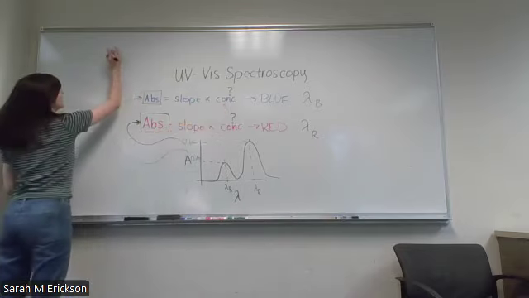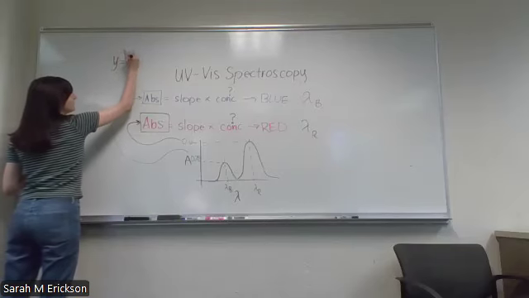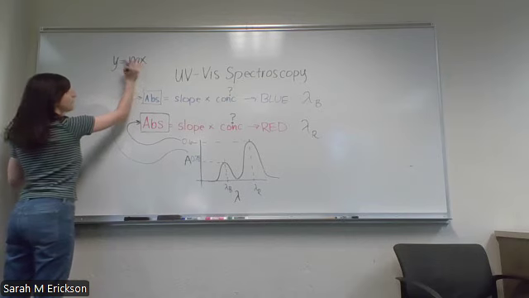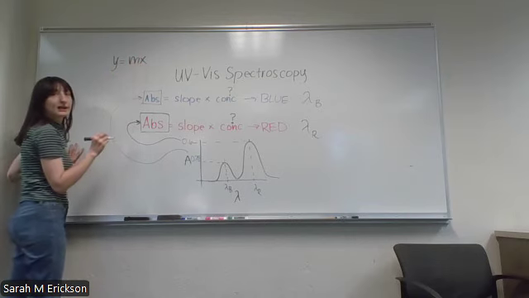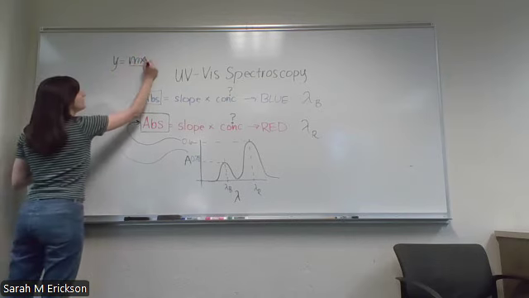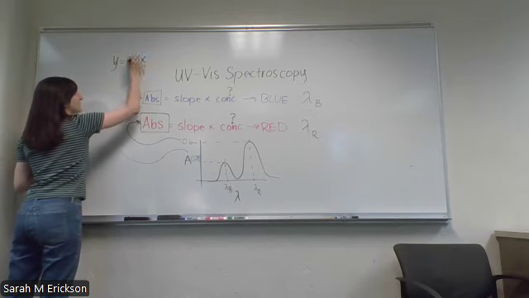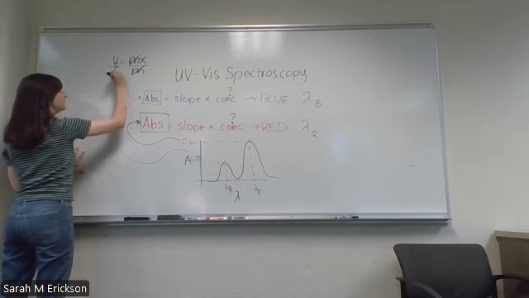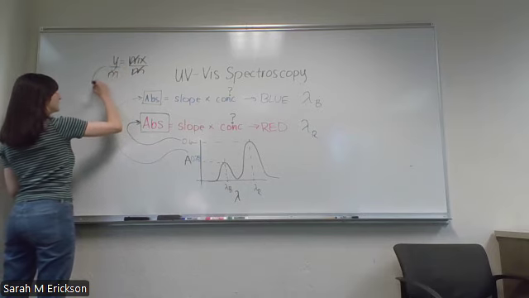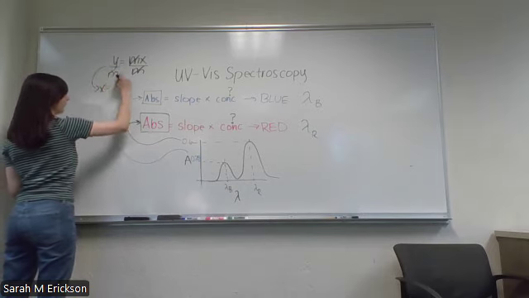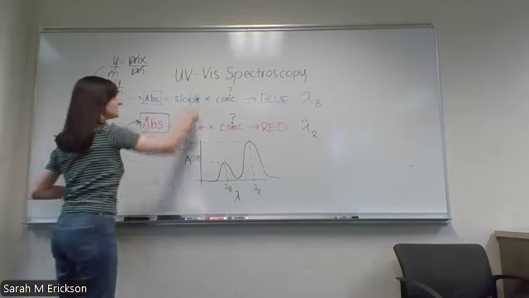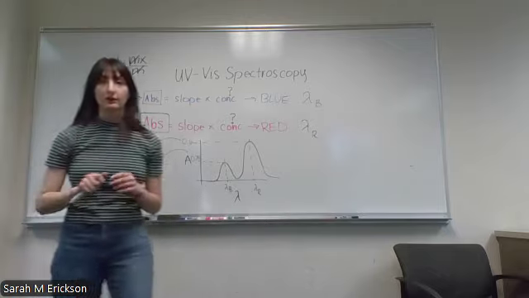So if you remember, if you have an equation y equals mx, and you want to solve for x, m is in the way, you're multiplying by m right now. So you need to divide by m to cancel it out. And because you did that on one side, you also need to divide the other side. And so that leaves you with x equals y over m. So you'll apply that same algebra logic to these equations and solve for your concentration.